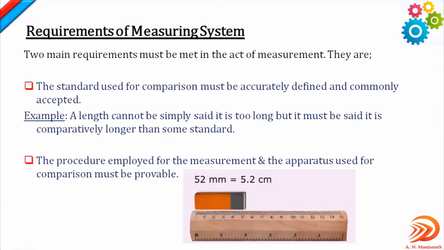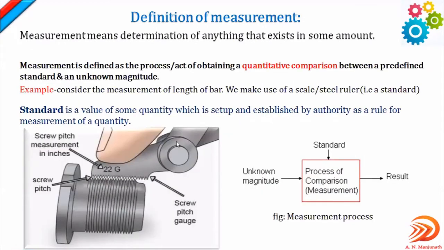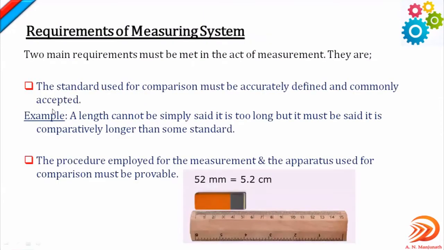The first one is that the standard used for comparison must be accurately defined. Whatever standard is being used, in this example this is the standard, that value should be accurately defined, followed, and commonly accepted.